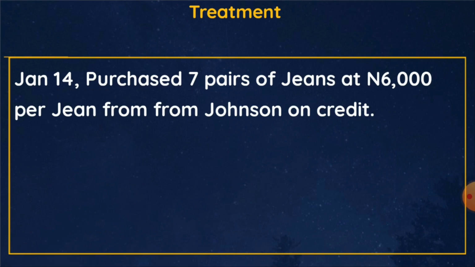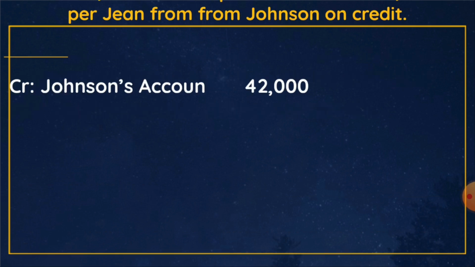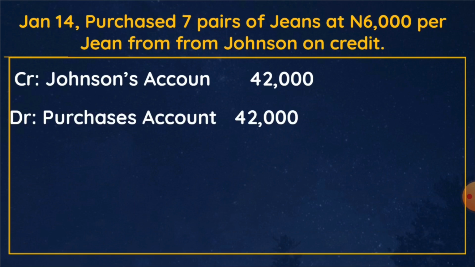And who is our creditor this time around? That is Johnson, which means we are going to have Johnson's account as a creditor, while we have the purchases account. Johnson's account, who is a creditor, will be credited, while the corresponding debit entry goes to the purchases account. That is Johnson's account, credit 42,000 naira, purchases account, debit 42,000 naira.